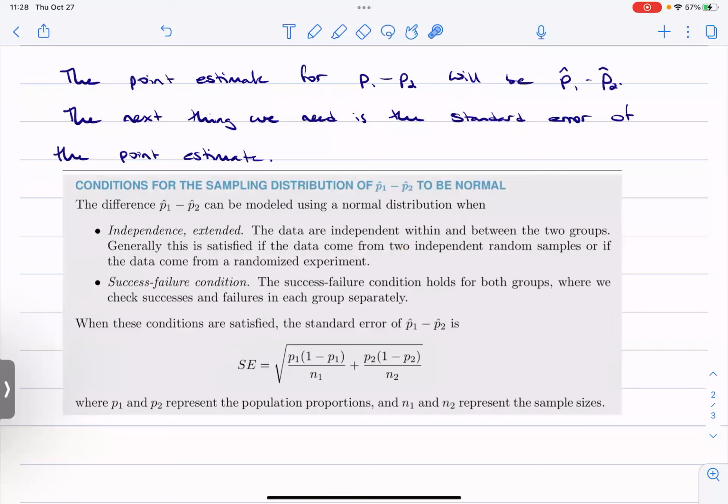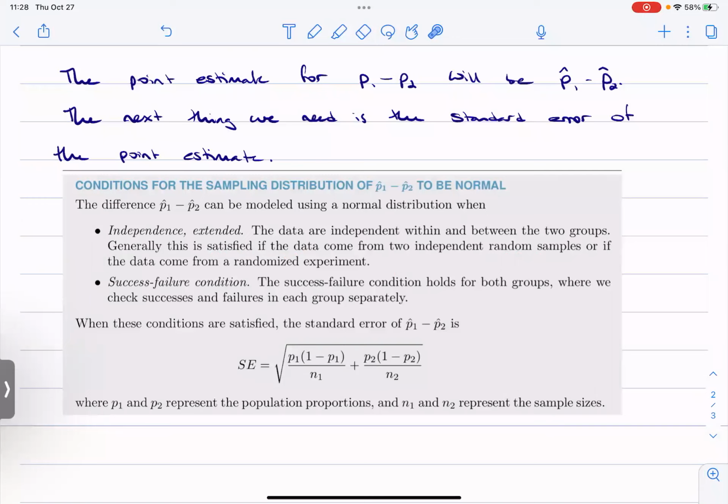So one way to do that is just to randomly sample both groups, and then we're able to assume that both within the groups and between the groups is going to be independent. So it's still the same way to get there, right? It's just that we have to check between and within the groups. So generally, this is satisfied if the data come from two independent random samples, or if the data come from a randomized experiment.